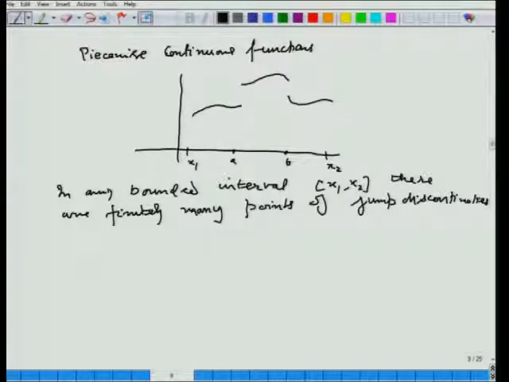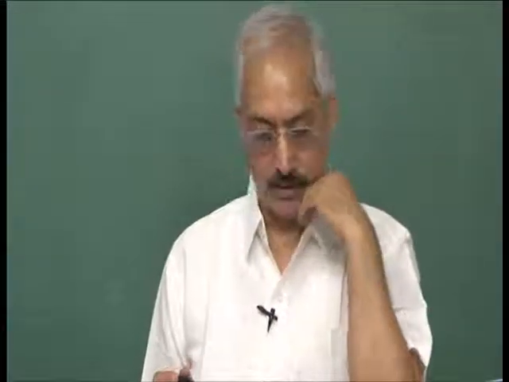So this is an example of a piecewise continuous function. In any interval of finite length, there should be only finitely many points where the function can have jump discontinuities. Such a function is called a piecewise continuous function.